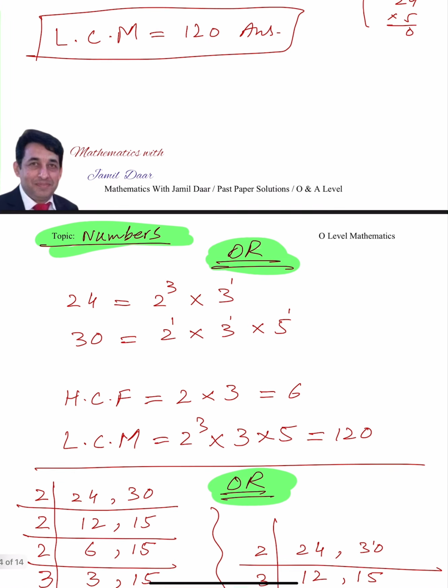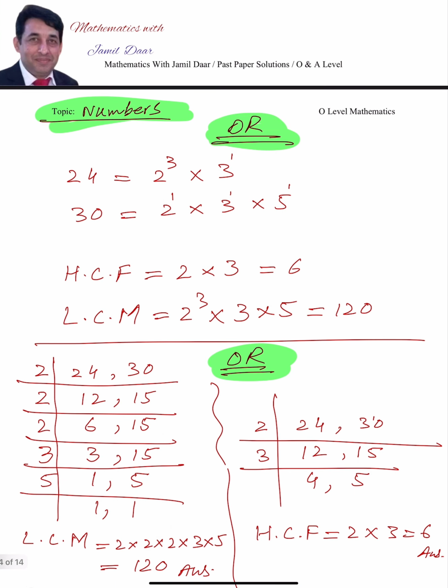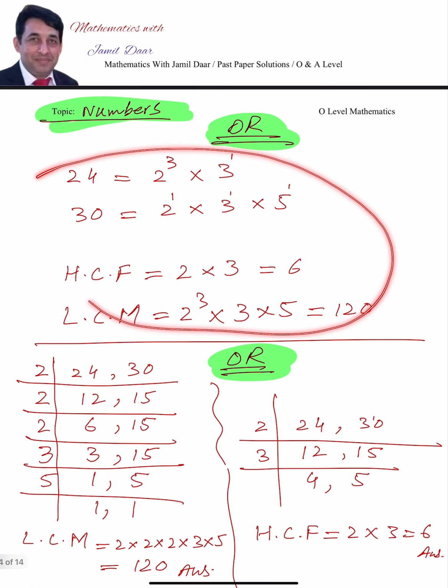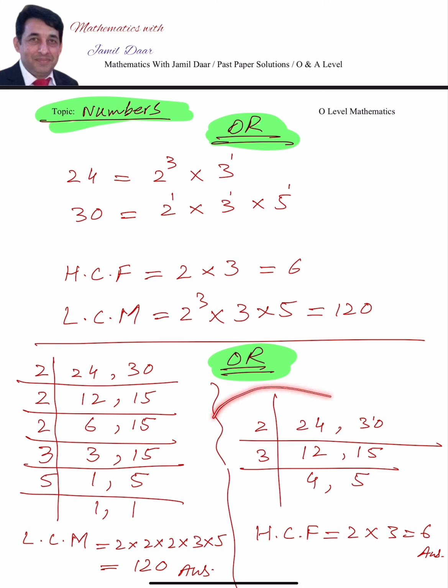If you are good at your calculations, you can use this one as well, and this one as well. No problem. I told you it depends on which method you are more comfortable with.